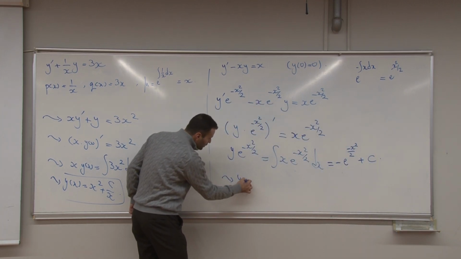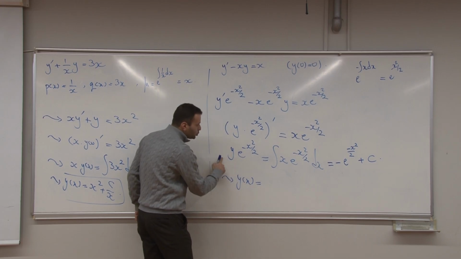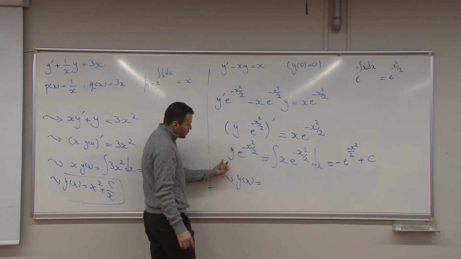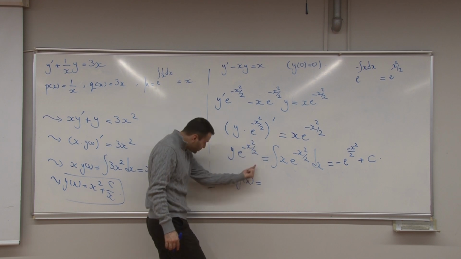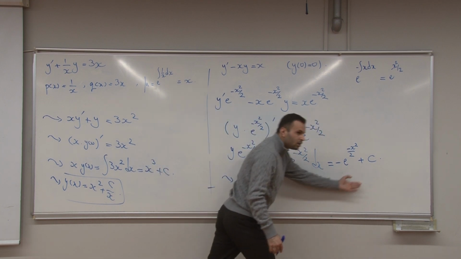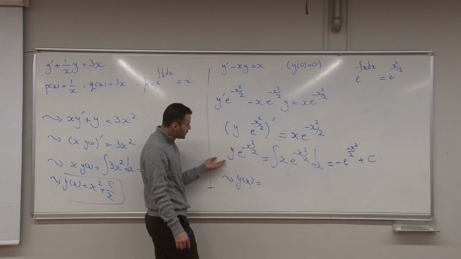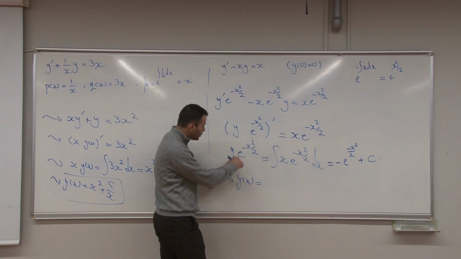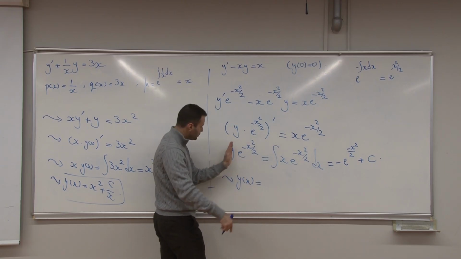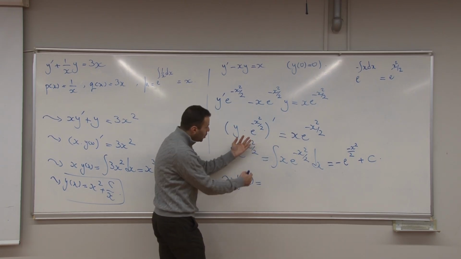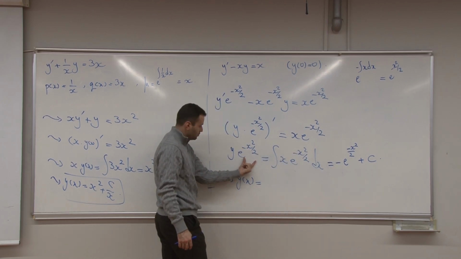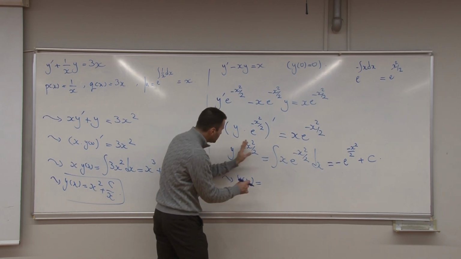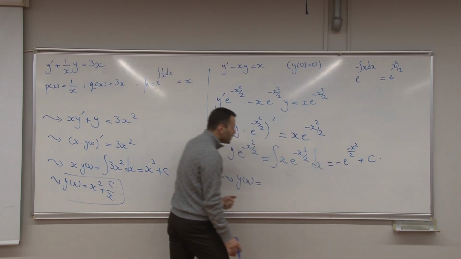Now our y of x is going to equal to, you see we have y times e to the power of minus x to the power of 2 divided by 2 equal to this. What is y then? y is equal to, just multiply it, e to the power of x to the power of 2 divided by 2. So we can get rid of this, or divide each part of this with this. So y is going to be this multiplied with this one.